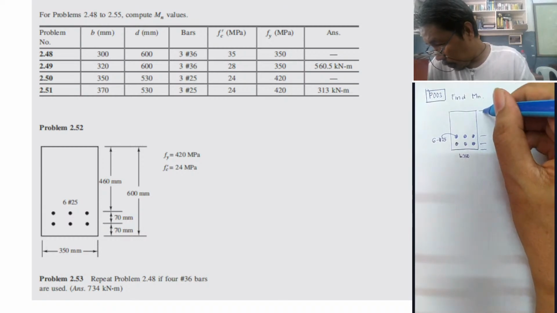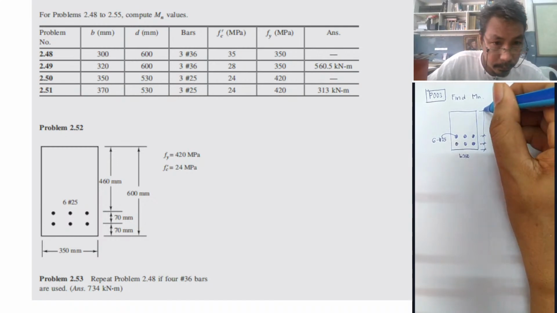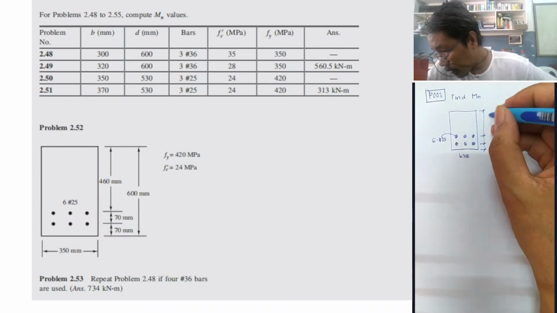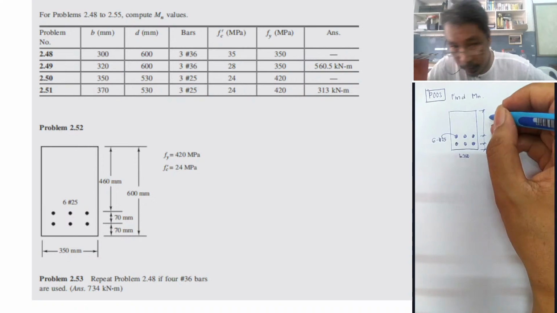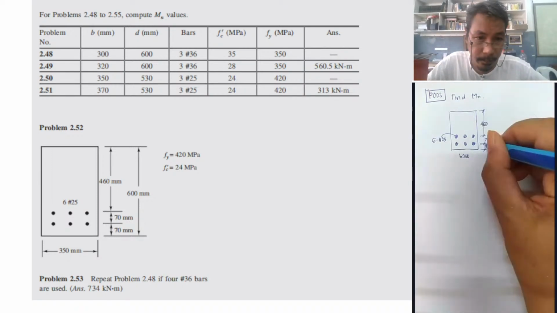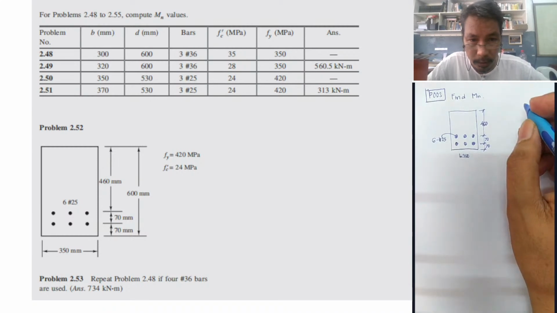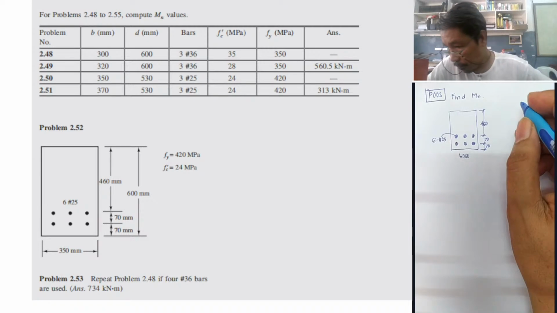So we have the following given: 460, this is 460, then 70, another 70. Okay, so therefore the value of H is 600.